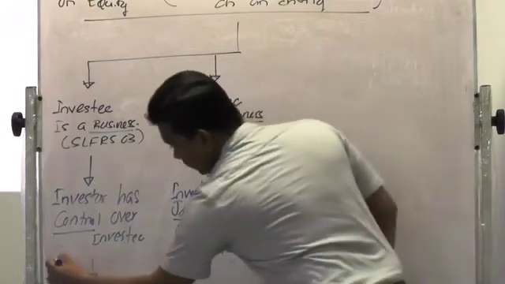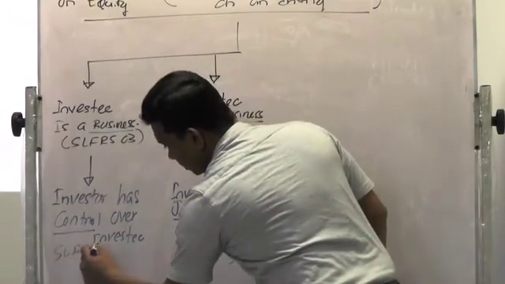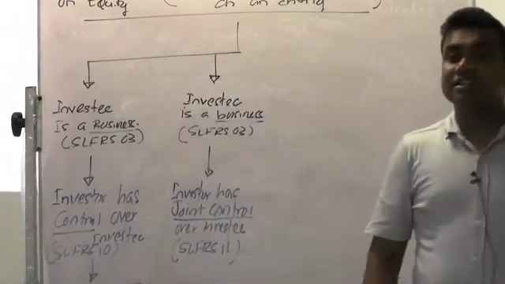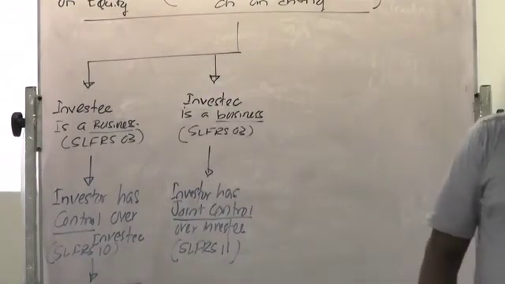Here control comes according to SLFRS 10, and joint control is explained in SLFRS 11.